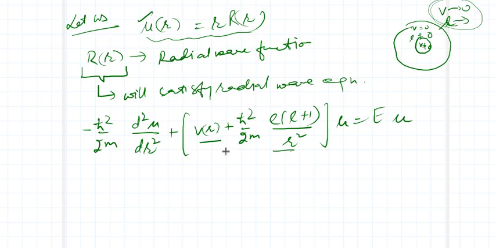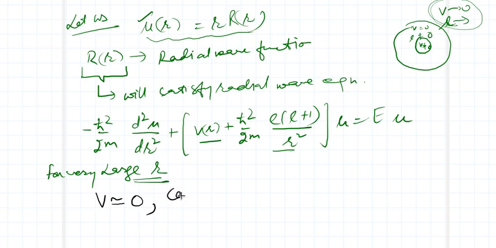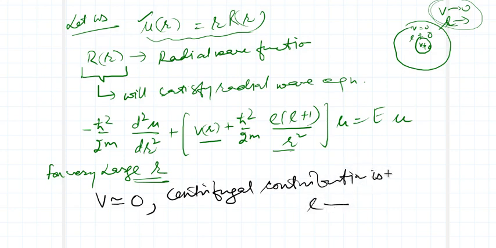Right? So what will the potential become? For very large R, the potential V is approaching 0, one thing, and the centrifugal contribution, that is because of this L, is also negligible.